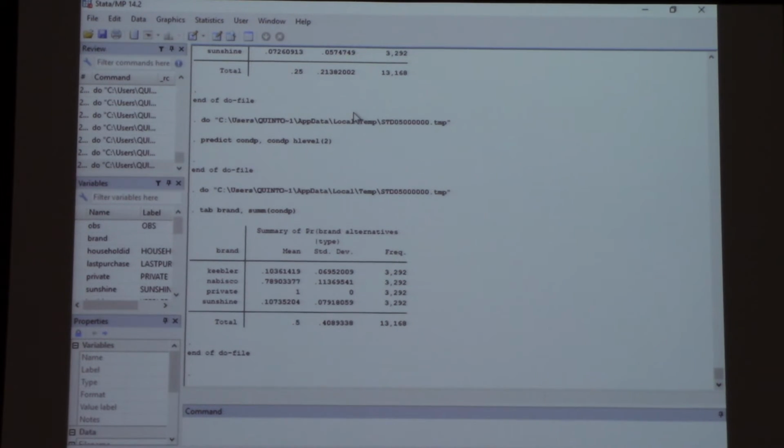We've got Keebler, Nabisco, and Sunshine. And now we know that choosing Keebler, you get about a 10% probability. Choosing Nabisco, you get about an 80% probability. And choosing Sunshine, you're going to get about an 11% probability. That's pretty cool.